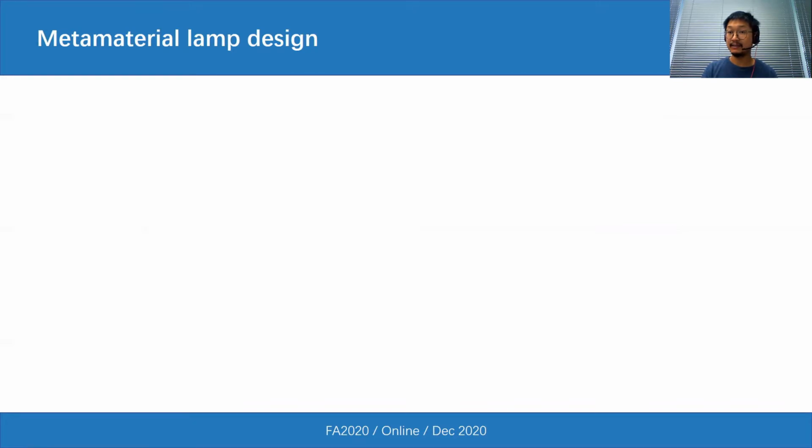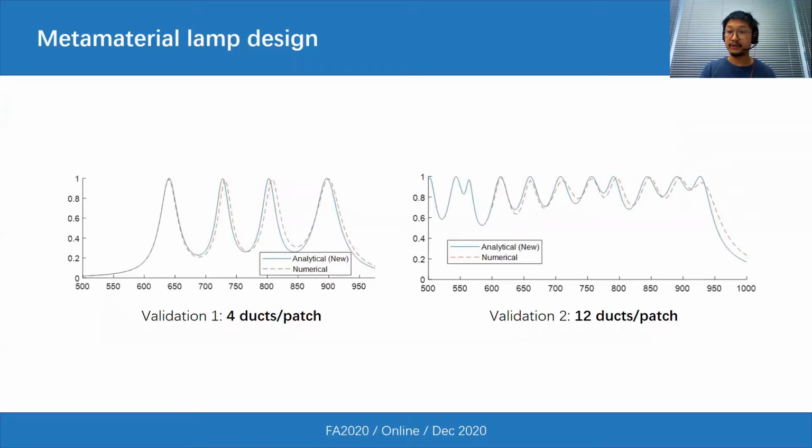In order to validate the correctness of the model, two designs of different geometries are predicted using the analytical model, and they are also simulated in the numerical software. The figure here shows the absorption coefficient of those two cases.